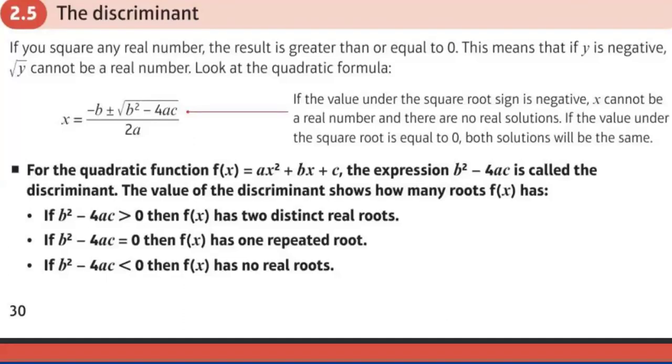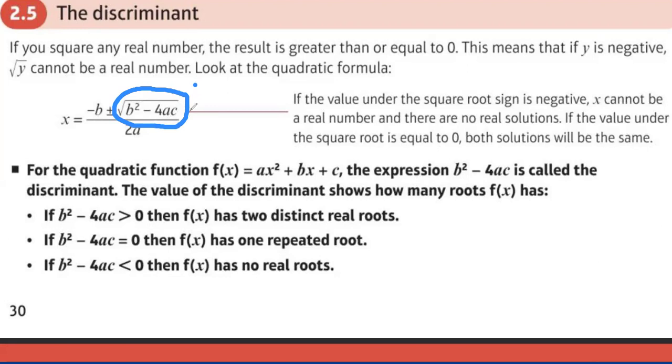Other important thing is the discriminant. If we want to find the solution of some quadratic function, we can use the quadratic formula. In this quadratic formula, this root is a very important thing because the inside of the root must be positive.